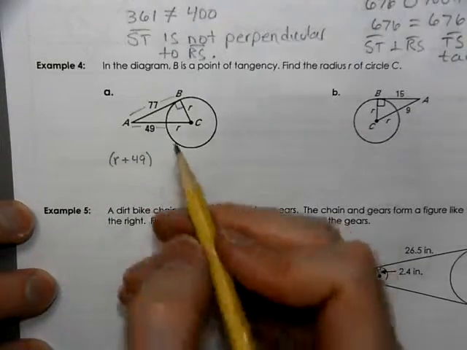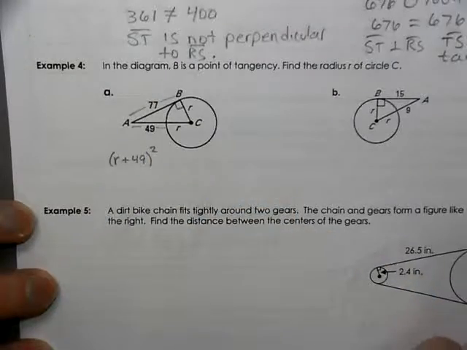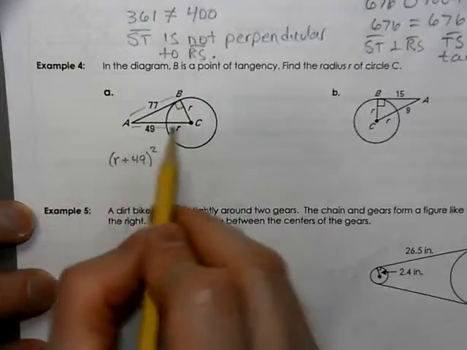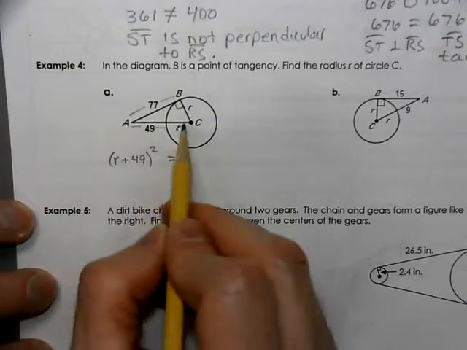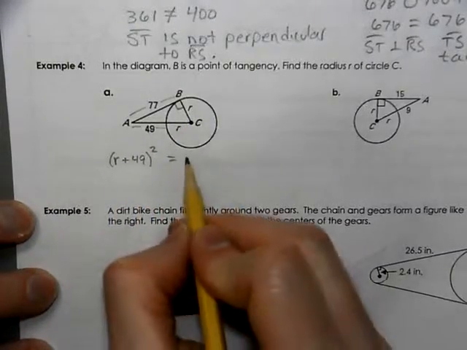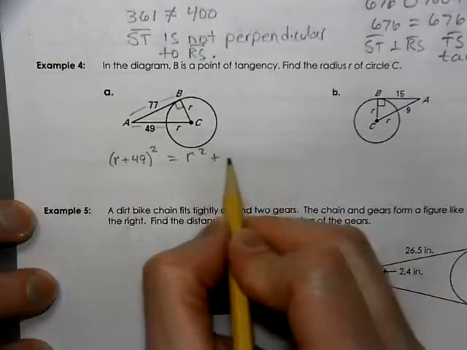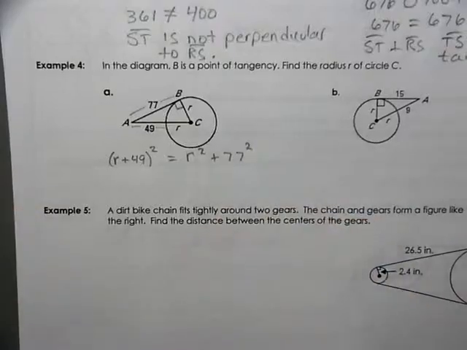We're going to square that. And then we're going to set that equal, because that's your c squared, to a squared plus b squared. Now, when we square r plus 49, that's a new thing for us in geometry class at least.